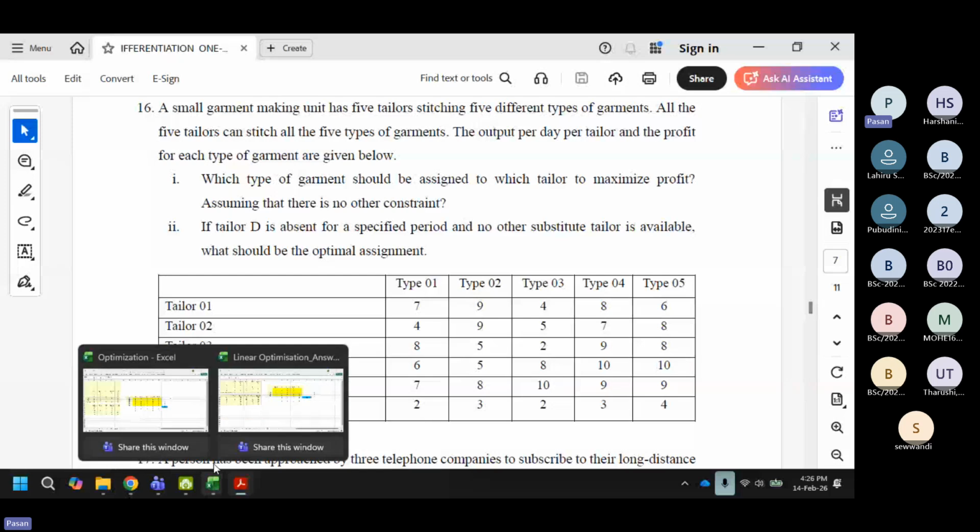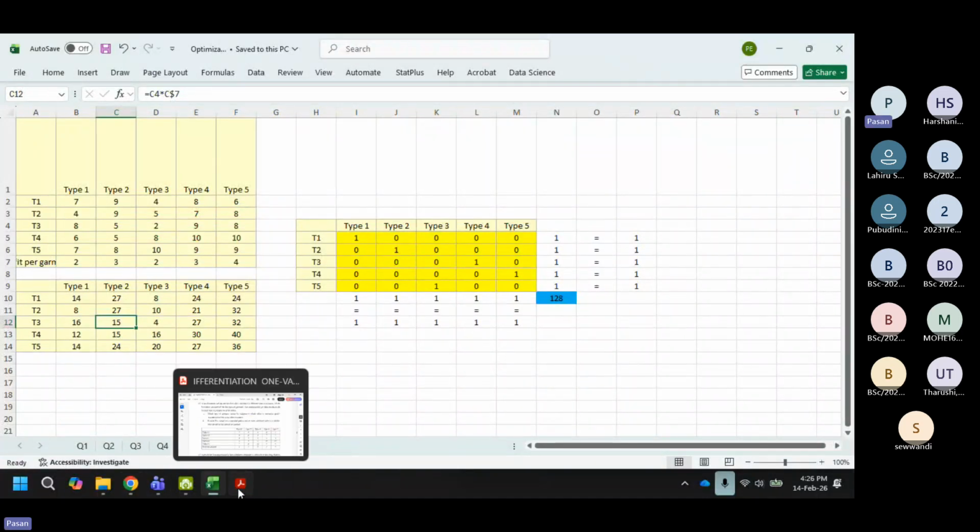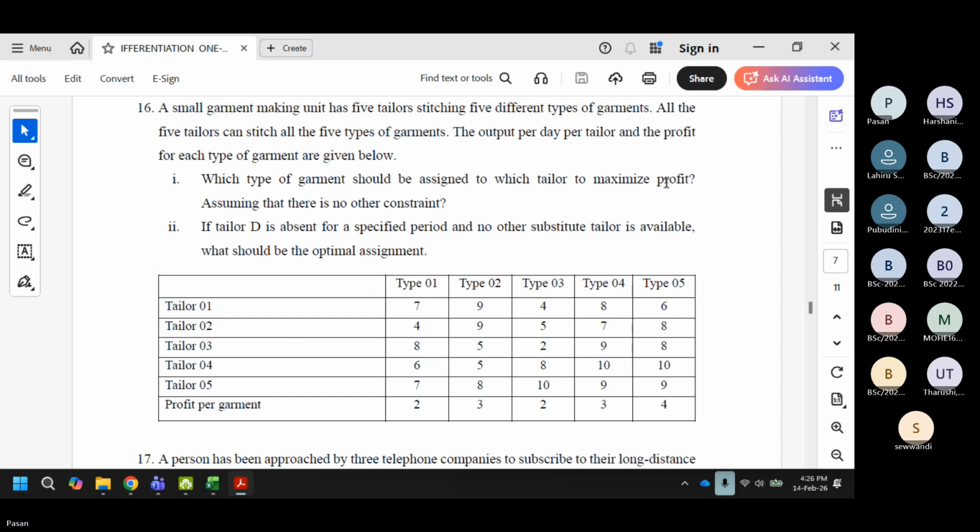So that's what you can find over here, right? So the total profits you can find out like that. Okay, so we multiply each number by each column here, right?